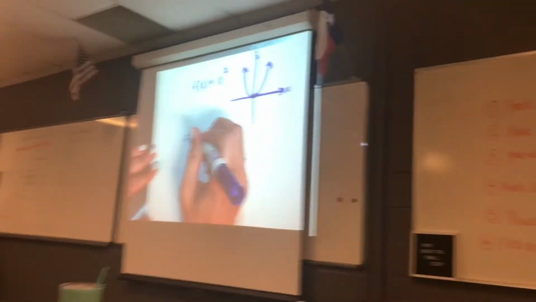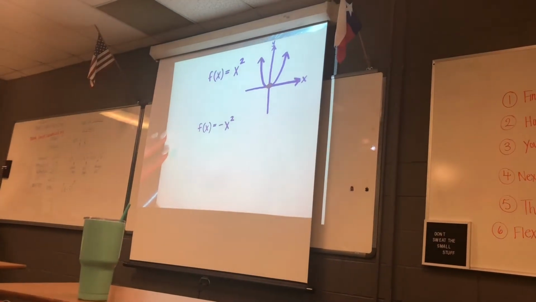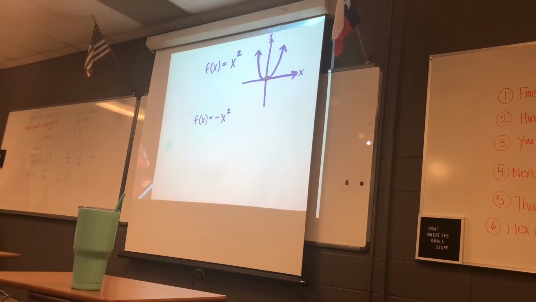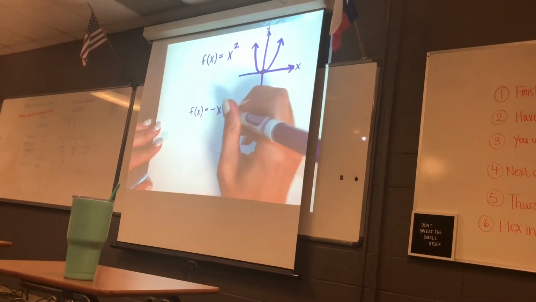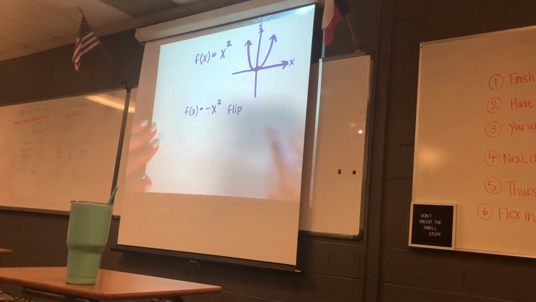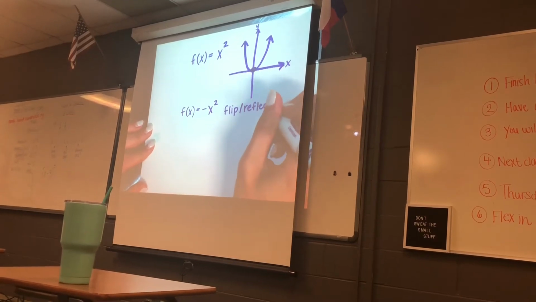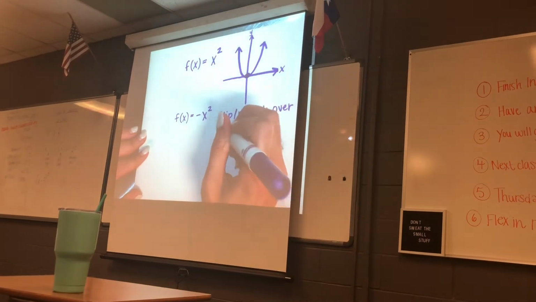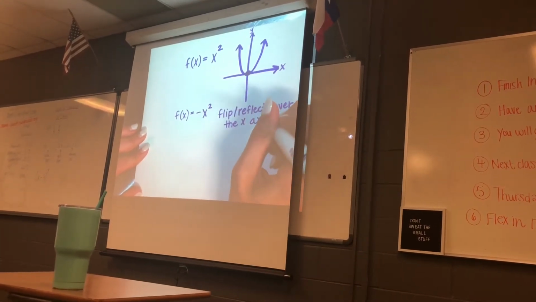All right, so let's say they want you to draw the graph of f of x equals negative x squared. What happens if they put that negative sign in the front? It is going to flip, or they might say the word reflect, which is the more official word than flip, over the x-axis.